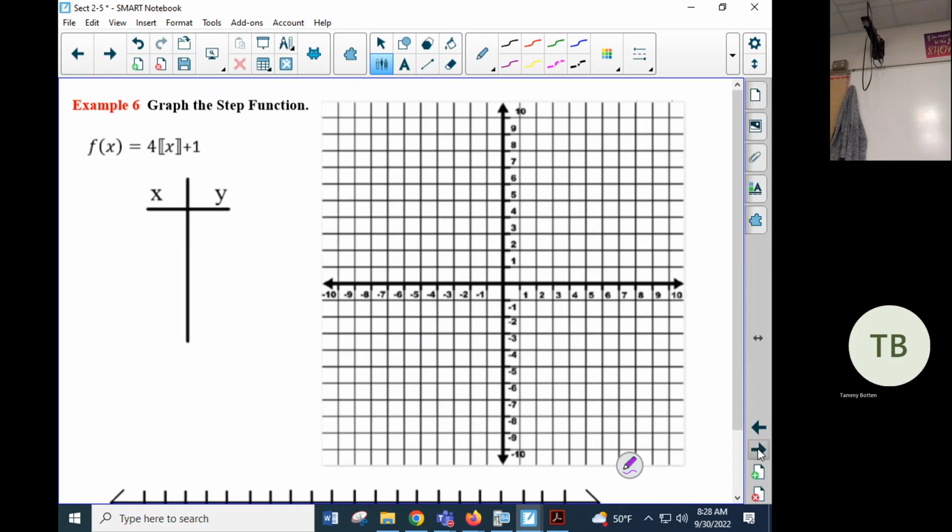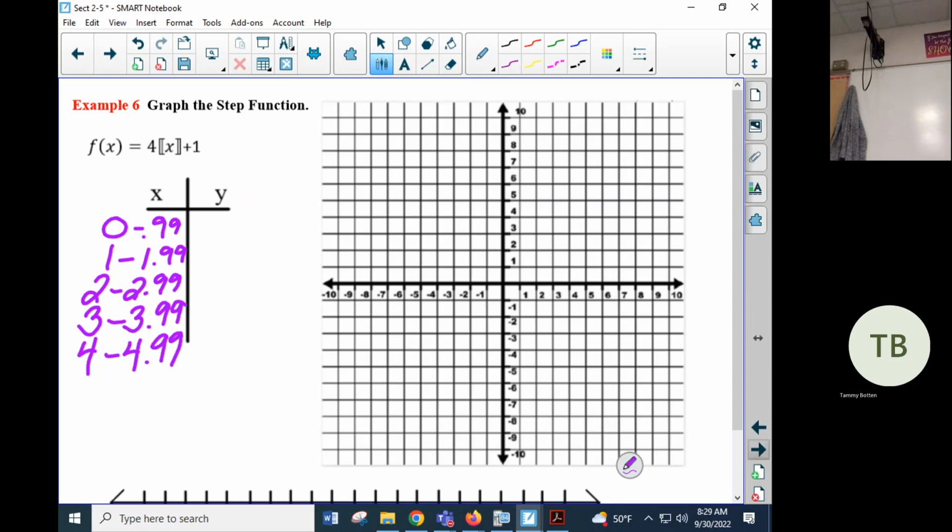Okay. So if we look at this one, we did some like this yesterday. Whenever you have the double brackets like that, you're going to do a range. So from 0 to 0.99, from 1 to 1.99, from 2 to 2.99, from 3 to 3.99, 4 to 4.99. And you can go as far as you want.